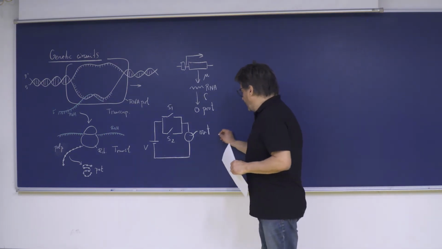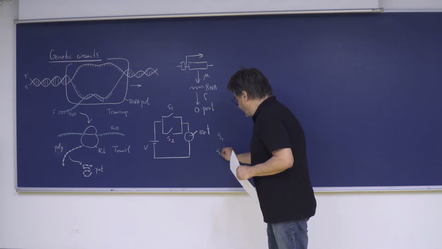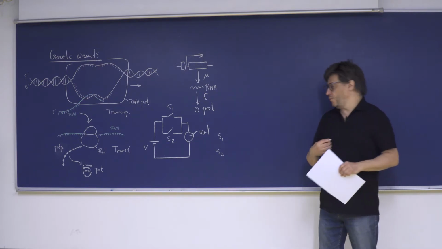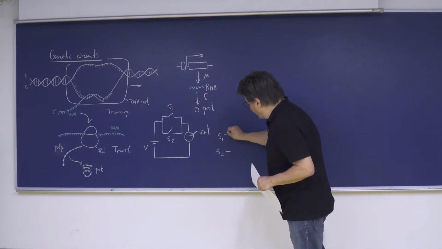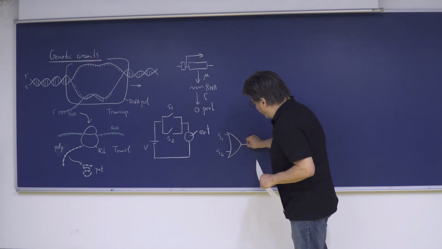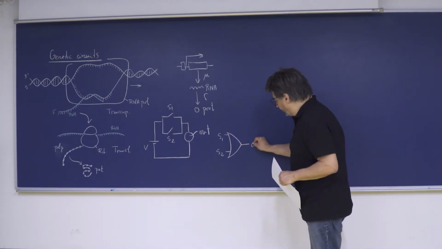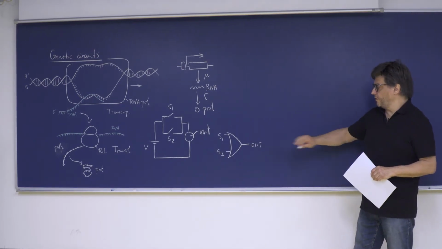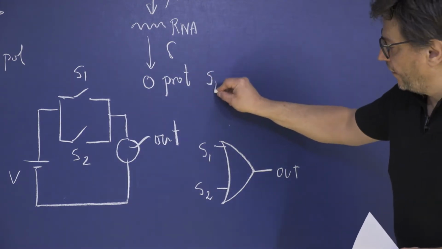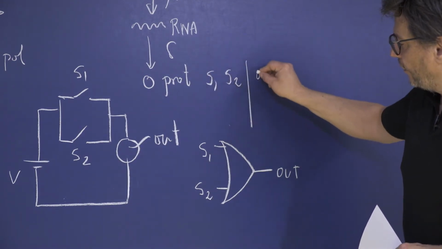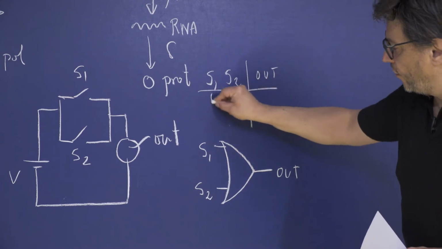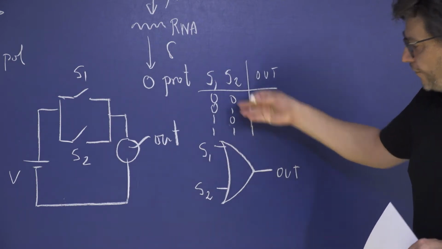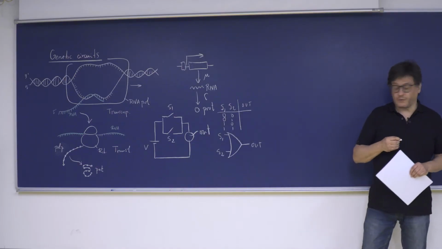In other words, if this is my switch 1, my switch 2, and I assume that 1 is closed, 0 is open, this circuit essentially gets compressed into a gate, okay, that is represented in a compact form in this way, and in a logic way as a table, where all my combinations are explicitly shown here.